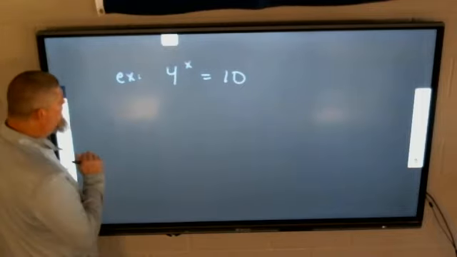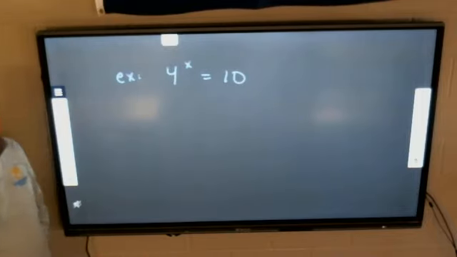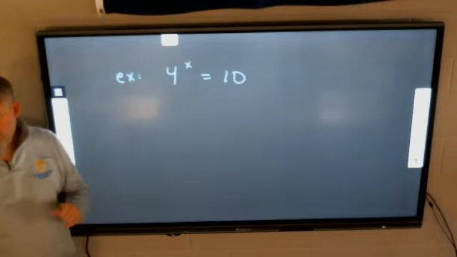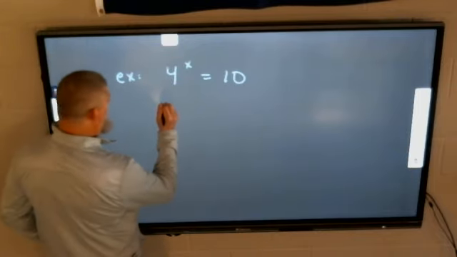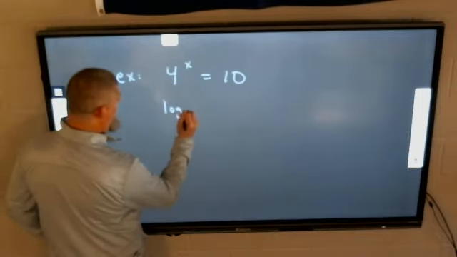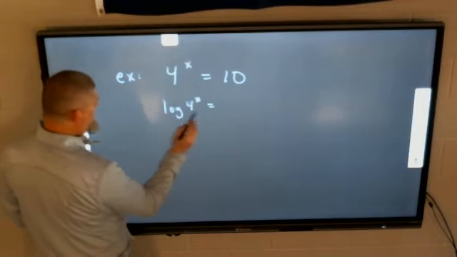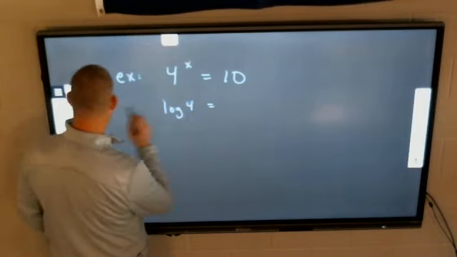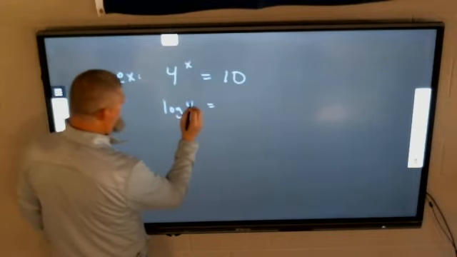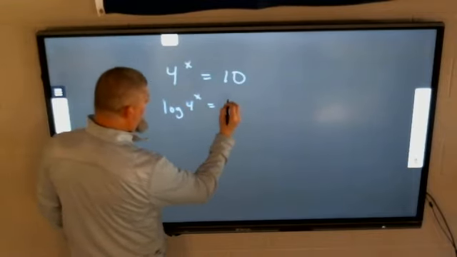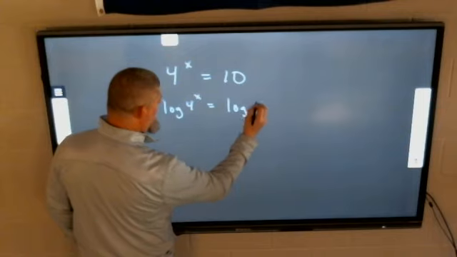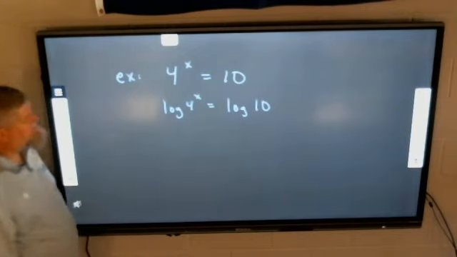So, what I'm going to do is, this is the new step we haven't done before. We're going to take the logarithm of both sides. Okay? So we're going to do the log of 4 to the x power equals the log of 10.